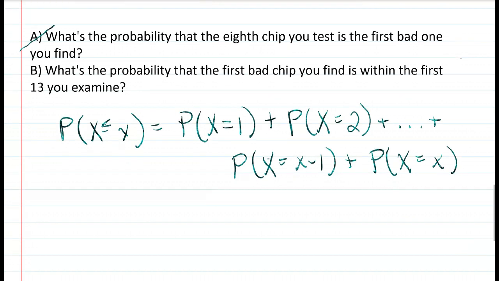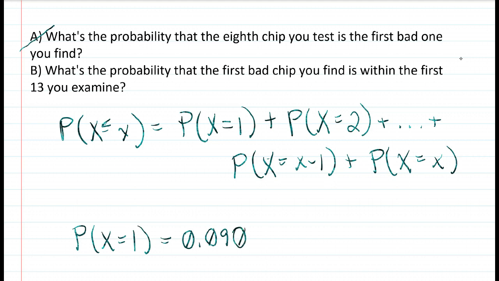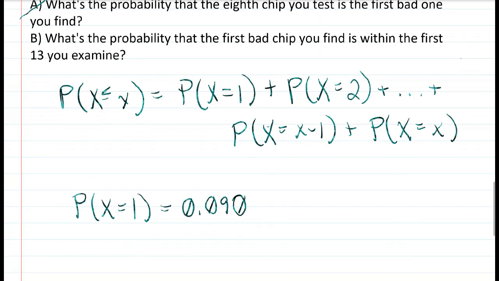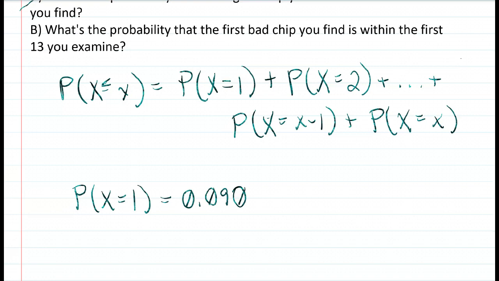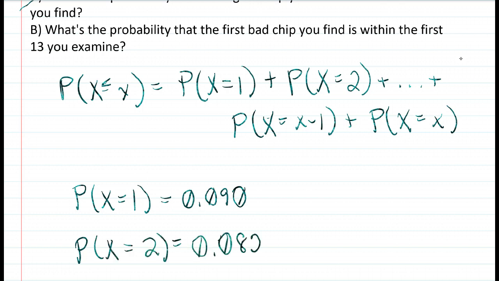We identify the probability that the first chip is a bad chip, which is 0.09. Then the probability that the second chip you examine is the first bad chip: P(x=2) equals 0.082.